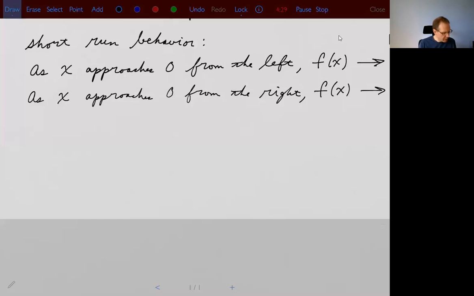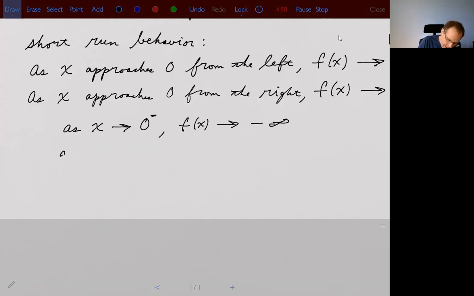So the way to write that in more efficient notation is the following. I can say as x, the arrow means approaches, 0 from the left, I just put a little negative on top. So that means 0 from the left. Then f of x approaches negative infinity.